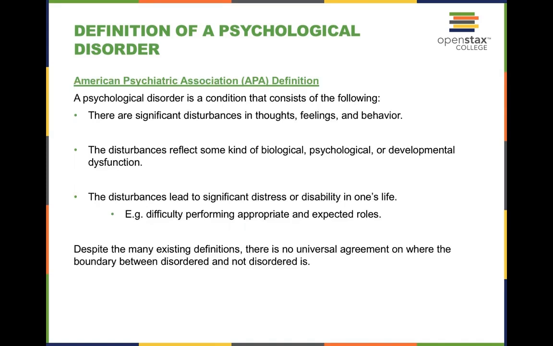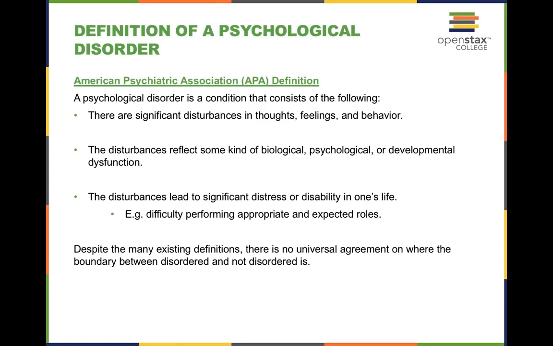And when it comes to the definition of a psychological disorder, the American Psychiatric Association, or the APA, defines a psychological disorder as consisting of the following. Firstly, there are significant disturbances in thoughts, feelings, and behavior. Next, the disturbances reflect some kind of biological, psychological, or developmental dysfunction.